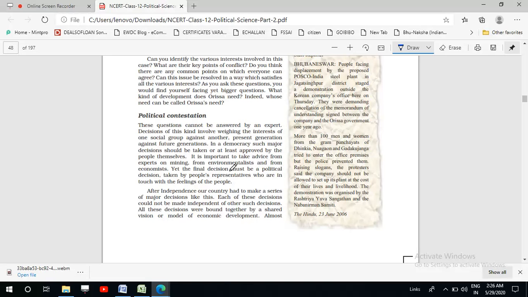Okay, then the government must take the opinion from the economist also. Whatever is going to be done, how will it help the economy to grow.